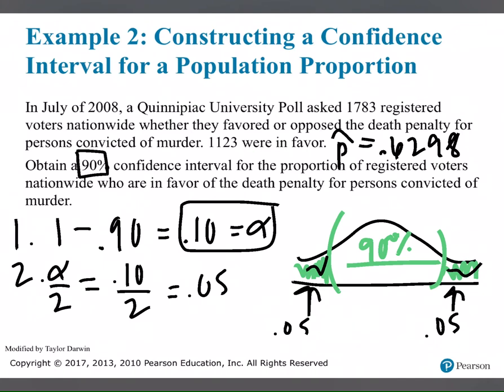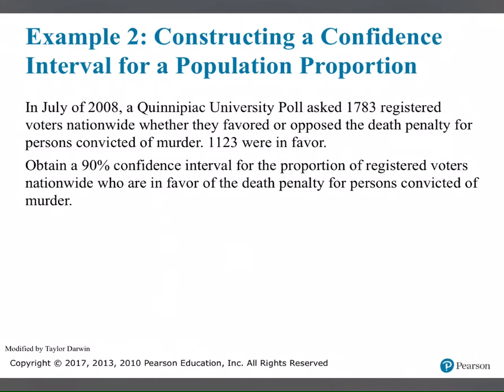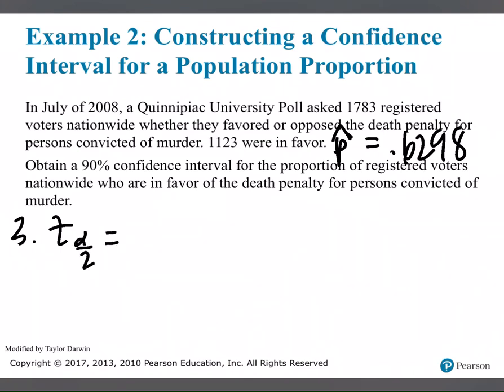The next step is the hardest part. I'm going to go ahead and erase that really quick so we can move on. And so again, my p hat, I keep erasing that part, is 0.6298. And so I just did steps 1 and 2. And step 3 says to find your z-score of alpha divided by 2, which we know is 0.05.